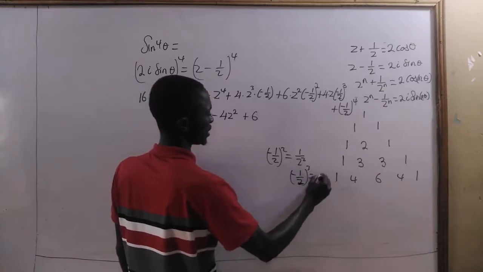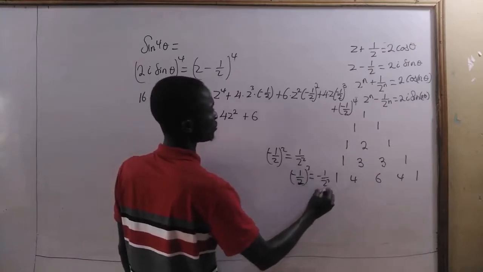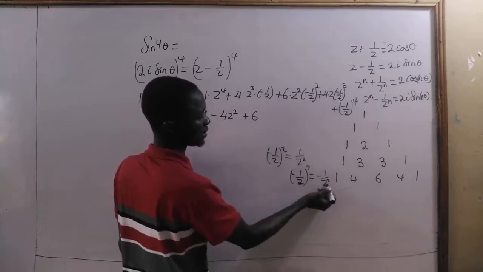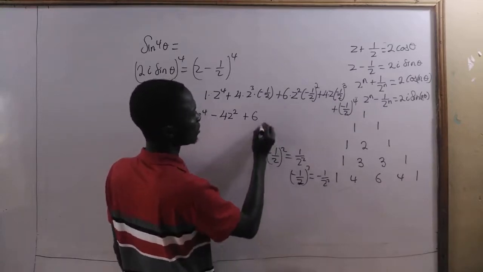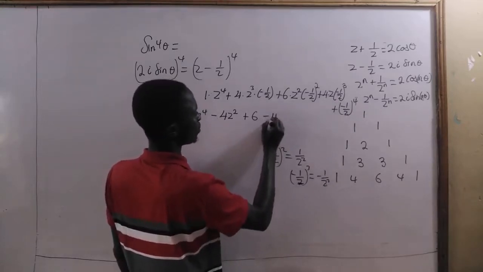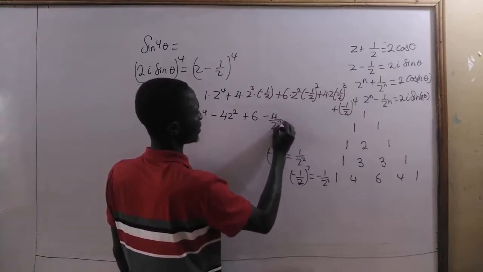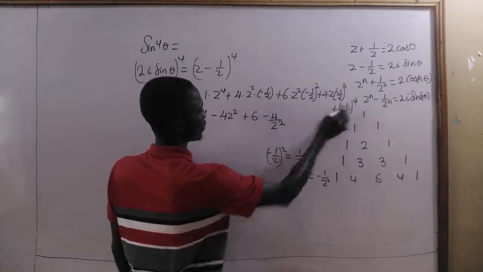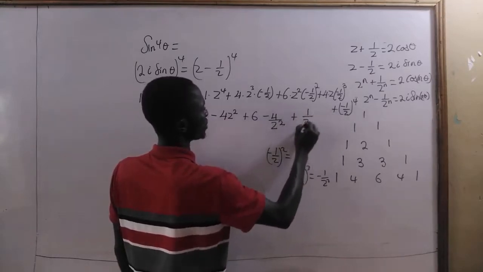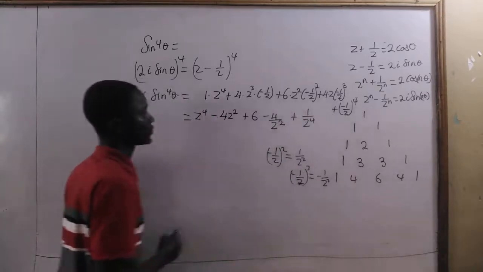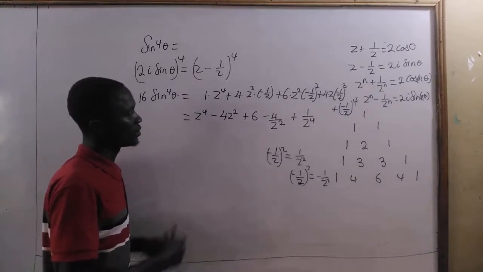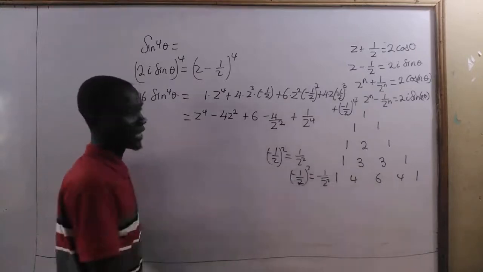So it will give us negative 1 out of z cube. And this will cancel one of the z, and it will be minus 4 on z squared. And this one gives us positive 1 on z to the power 4. Wow, very, very simple as that. So make use of the Pascal triangle.